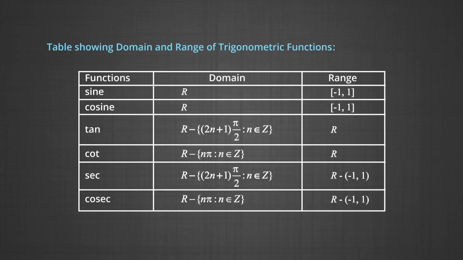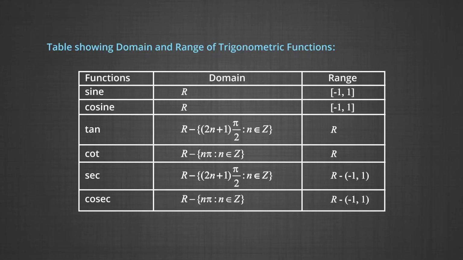For the cosine function, the domain is all real numbers and the range is the closed interval minus 1 to 1. For the tan function, the domain is all real numbers except the odd multiples of pi by 2 and the range is all real numbers. For the cot function, the domain is all real numbers except the integral multiples of pi and the range is all real numbers.